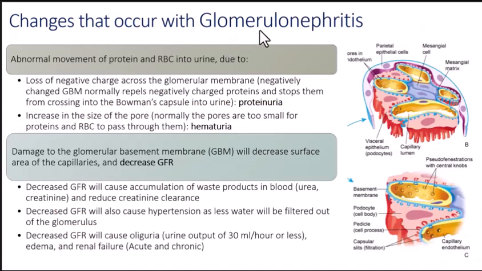Still talking about glomerulonephritis, we're going to look at some of the changes that occur with this condition. And it includes abnormal movement of proteins and red blood cells into the urine. And normally, proteins and red blood cells are too large to be passing through the glomerulus.